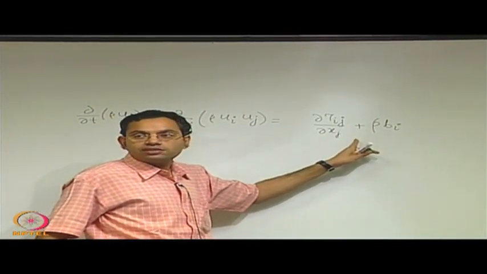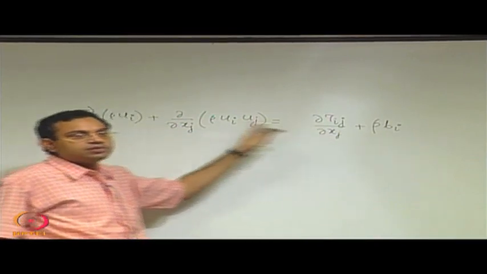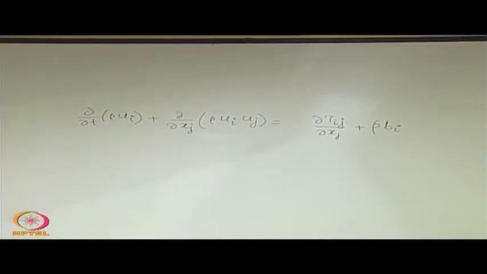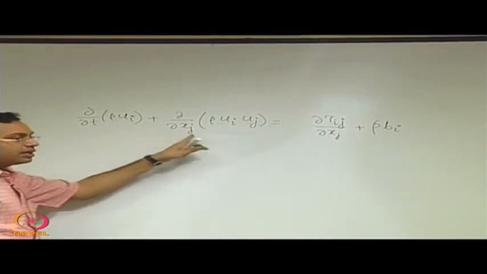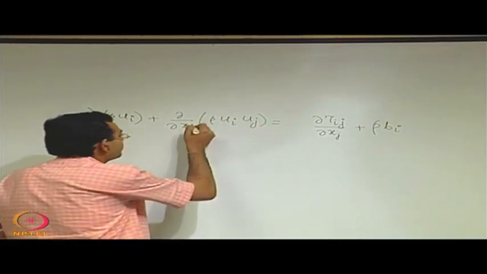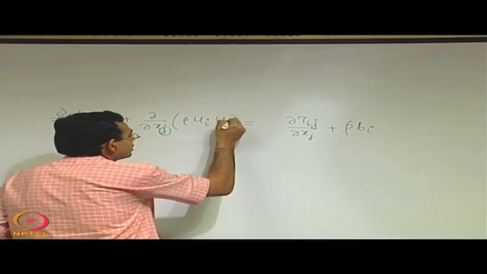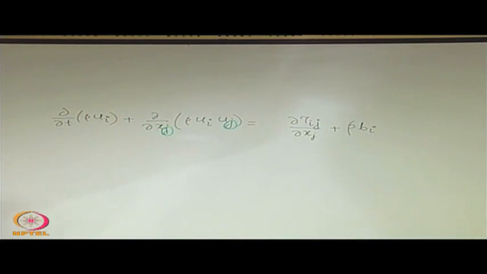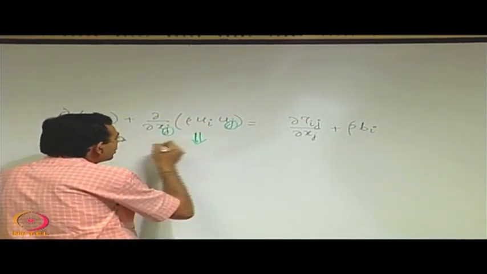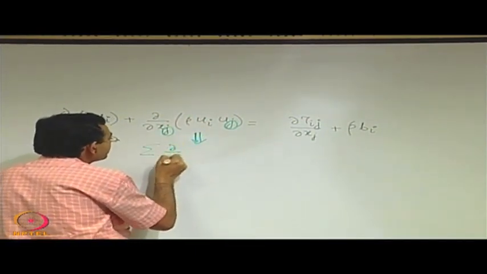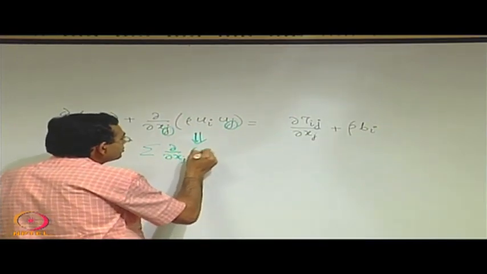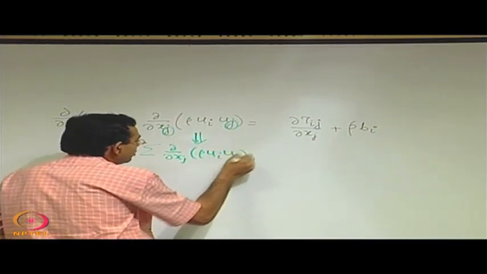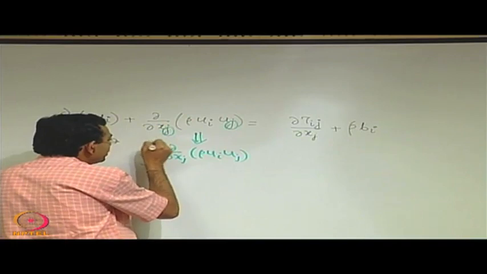So, out of these terms, in which terms you have summations? Second term in the left hand side, because you have this repeated index, right. So, this is actually summation of this one with j running from 1 to 3.